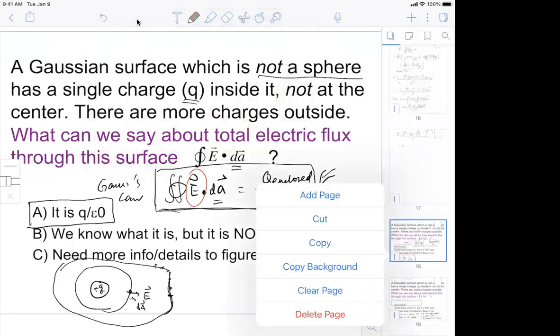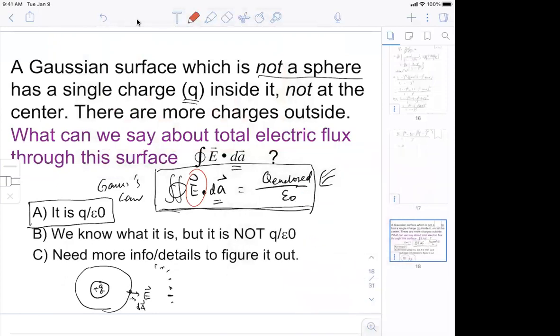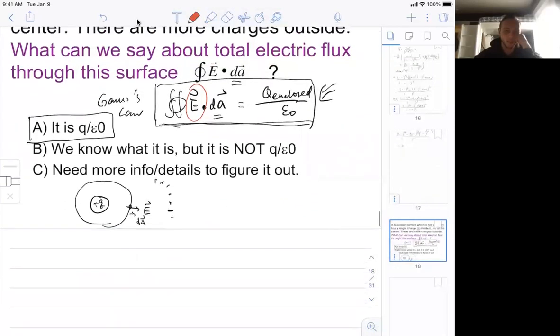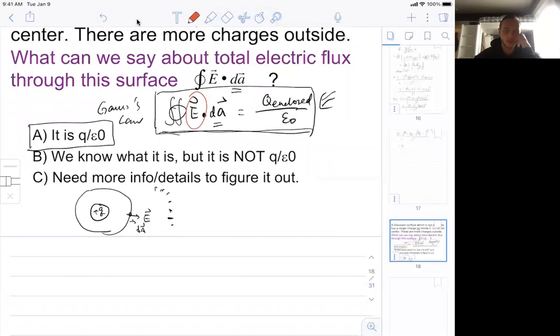The surface that you have has to be a closed surface, and the surface that you create has to have a charge enclosed. Right, so in order for you to construct a Gauss's law, you need a closed surface, and there has to be, well, now you can enclose zero charge.